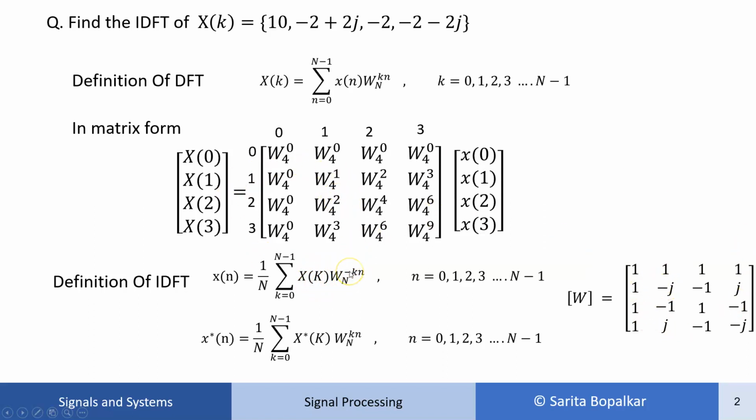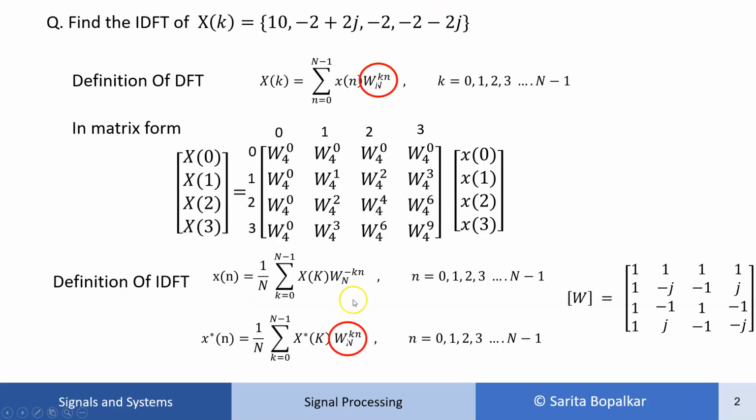But I prefer the first option. Instead of using the complex conjugate of the twiddle factor matrix, I will use the same twiddle factor matrix of the DFT equation, input X*(k) instead of X(k), calculate x*(n), and then take its complex conjugate to get x(n). Let's solve this equation.